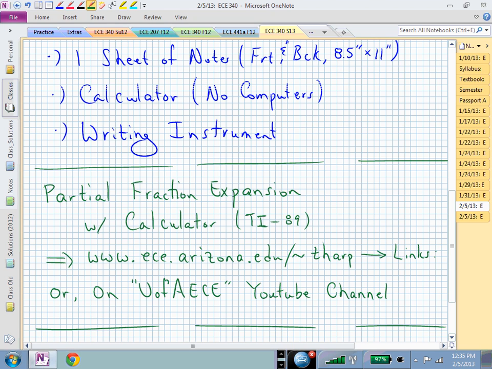If you do have the good fortune of having a TI-89, I created some YouTube videos for how to do partial fraction expansion with real roots, complex roots, when those transfer functions are actually proper transfer functions, meaning the numerator degree is the same order as the denominator degree, and you can use your calculator to do that long division process for you prior to having it also find the partial fraction coefficients.